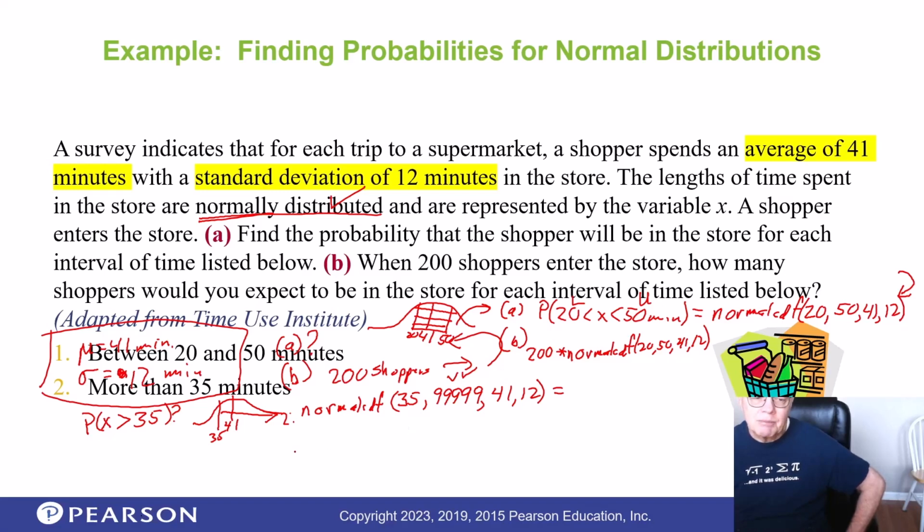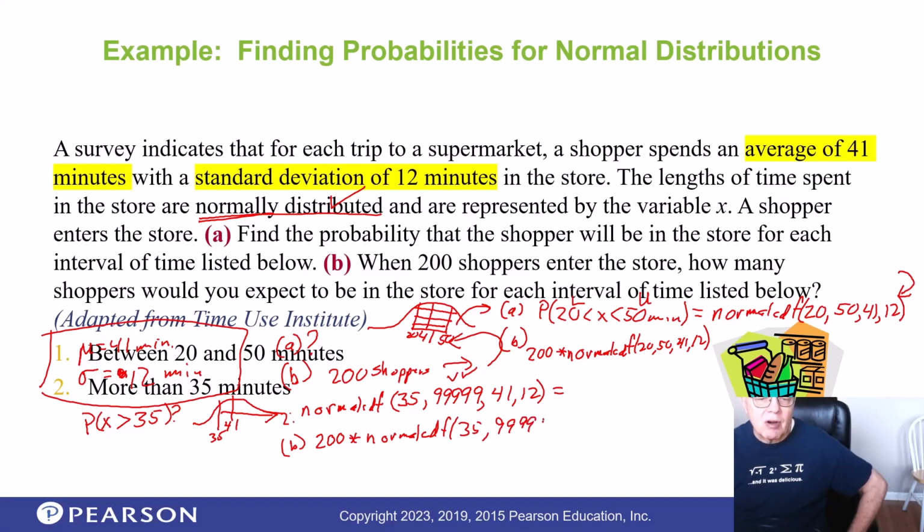Now, there's a second part to it, remember? The second part says, if 200 come in, how many of those are expected to be staying there for over 35 minutes? So again, like the other one, we'll multiply 200 times the normal CDF. And just copy this.